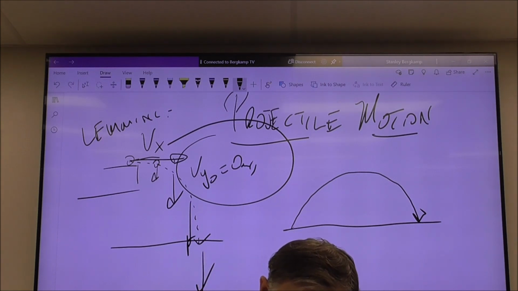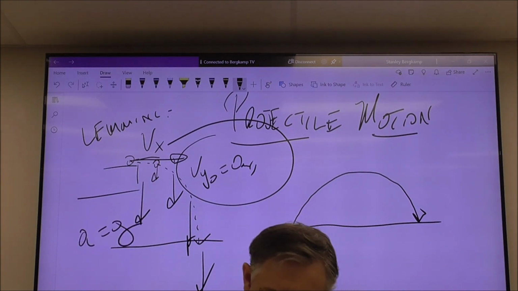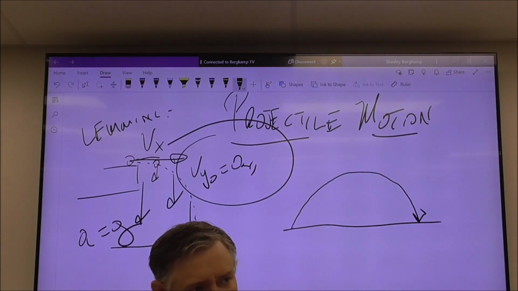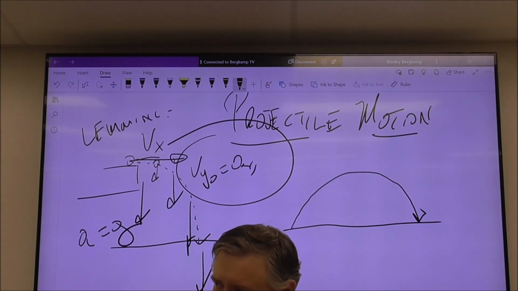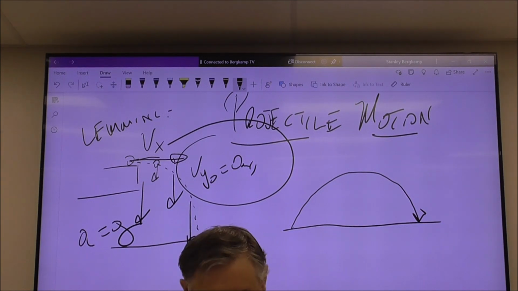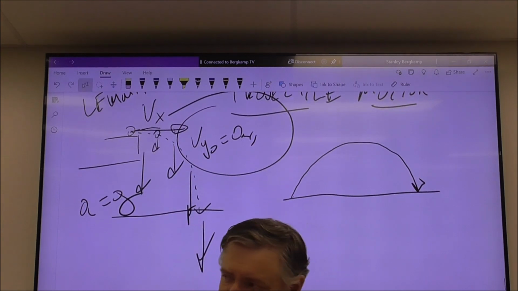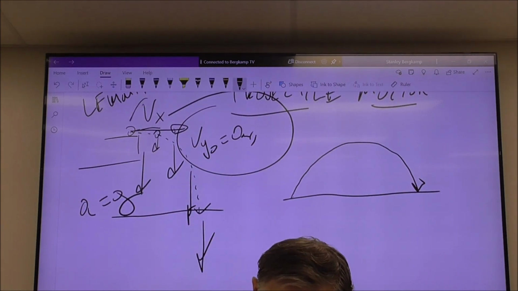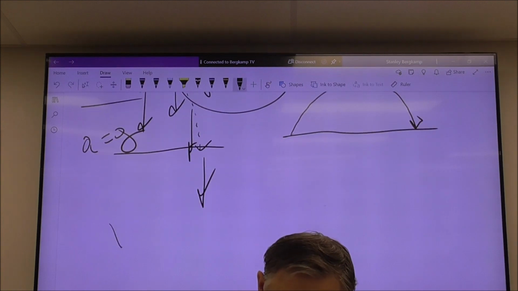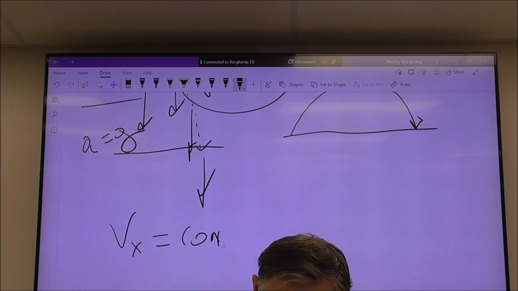Since the only force acting on it is gravity, the only acceleration I'm going to have is pointing straight down, with a value of 9.8 meters per second squared. Okay, nothing new there. But the other key assumption we're going to make is that Vx is constant.